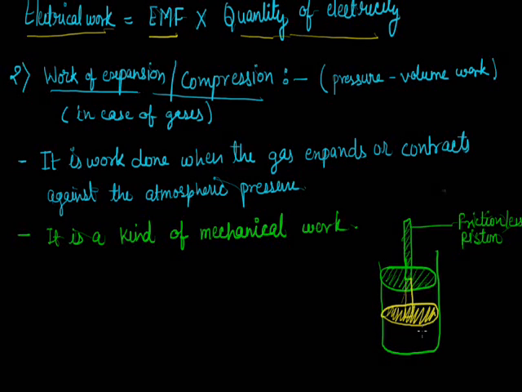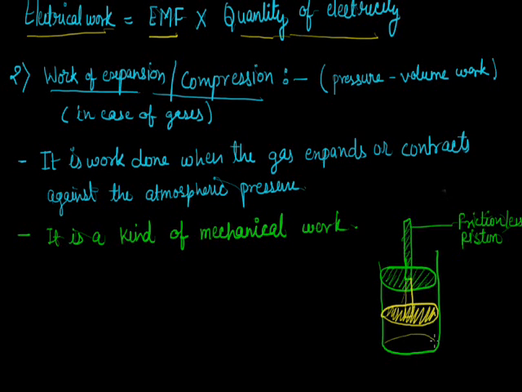First, we consider a jar which has an area A, and this is the frictionless piston. When we apply some pressure P which is more than the atmospheric pressure to the piston, compression of the gas takes place, and this is the displacement of the piston. It is denoted by dl.